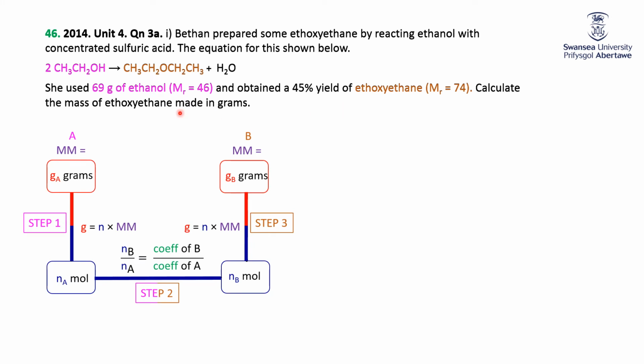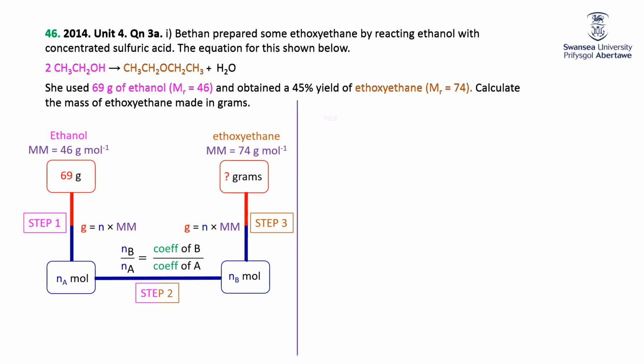Right, first of all, let's see what we got. We know that the ethanol is what we know all about, and ethoxyethane is one way or another what we're interested in. So let's use the roadmap to get the theoretical yield of ethoxyethane. So step 1, moles of ethanol is going to be the 69 grams divided by 46, which is 1.5 moles of ethanol.